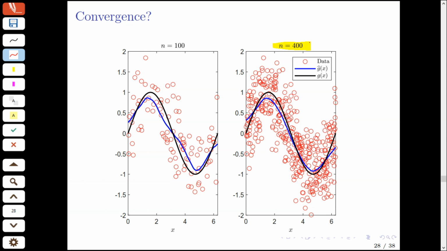So the right-hand side blue curve here is the kernel estimate arising from using now 400 points. And what we see is that while the estimate isn't necessarily closer at every single value of x, the distance between the two functions, as measured by the gap between their graphs, is vanishing. So this picture is indicative of some convergence taking place.